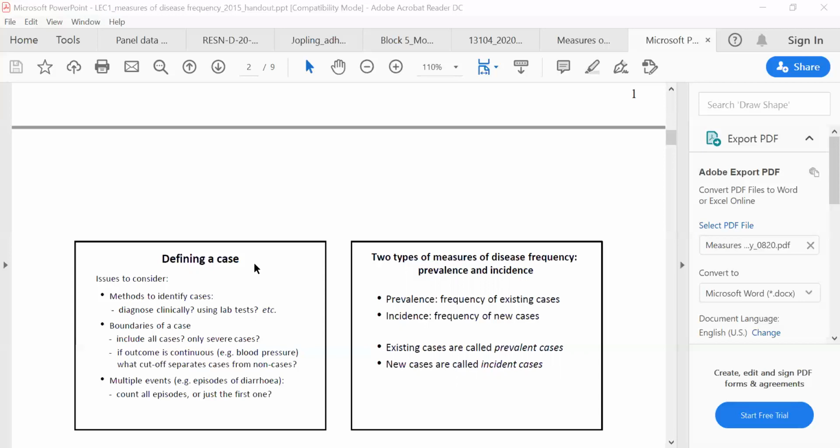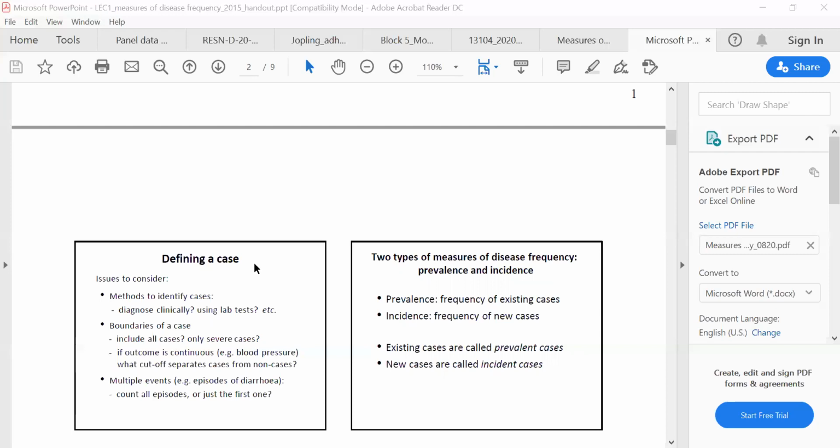Remember the problem of not having a standard definition: you either miss some cases, or you count things which are wrong because of a wrong definition. So it's very important to have your methods, how you're identifying. Are you using a lab test, or a clinical definition?